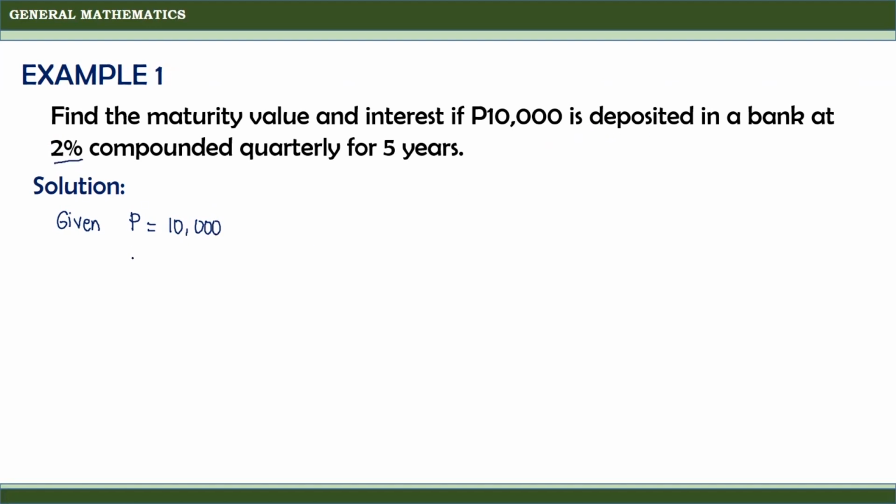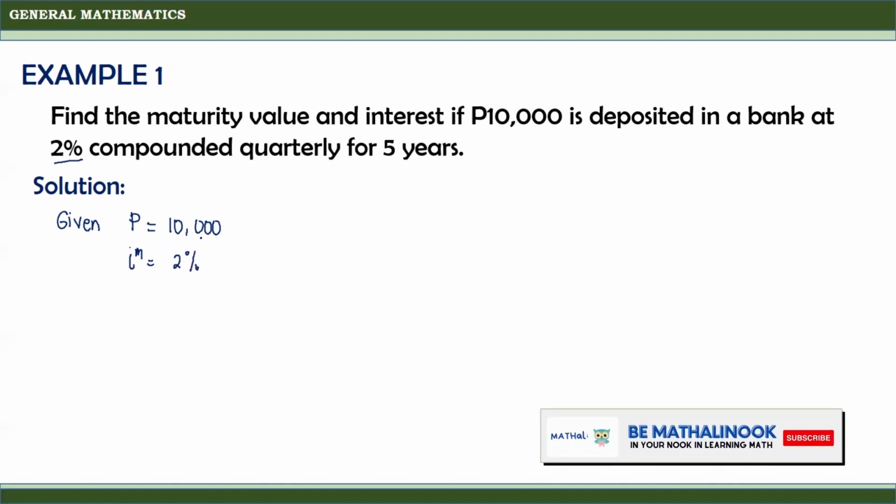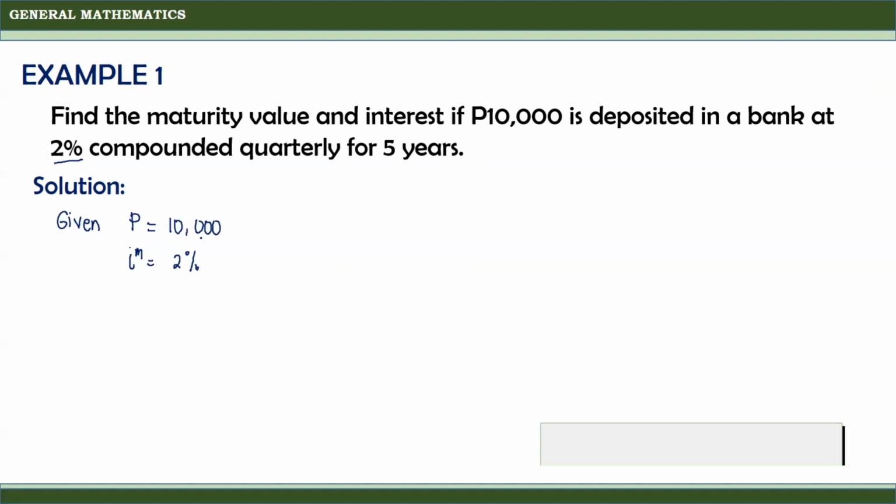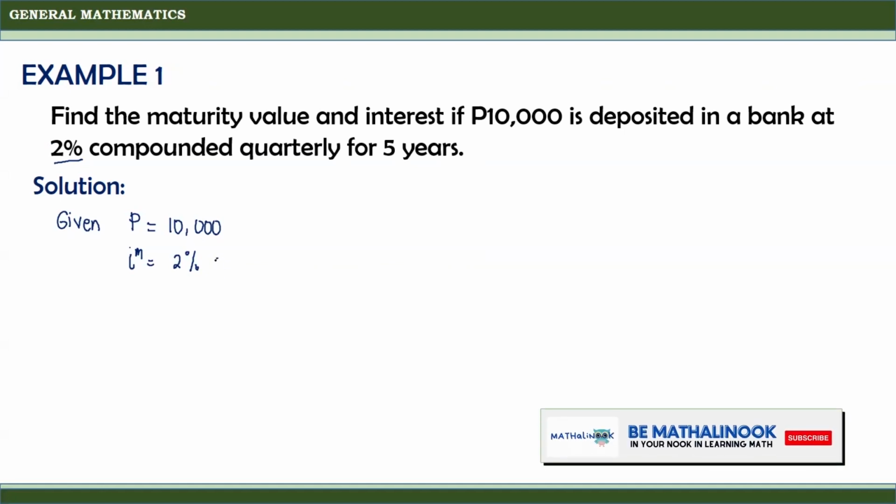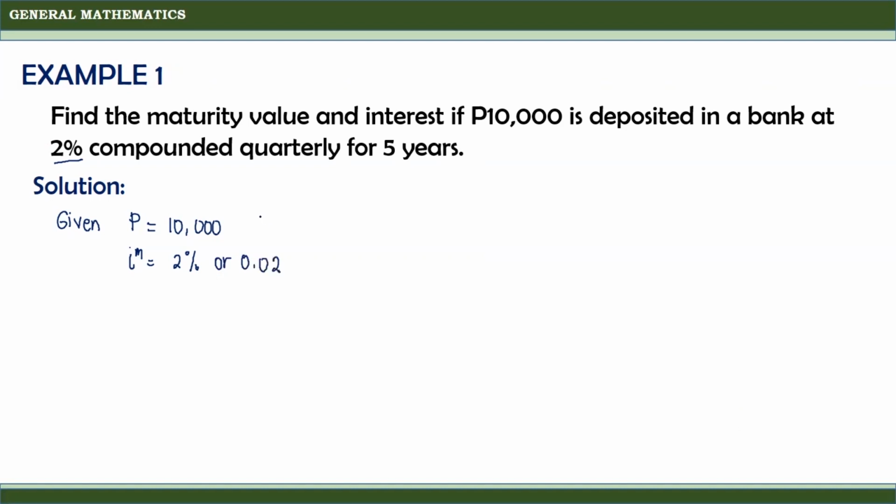Moreover, 2% is our j sub m, meaning this is our annual interest. Remember that the interest rate in percent should be written in decimal form. So, 2% is equal to 0.02.